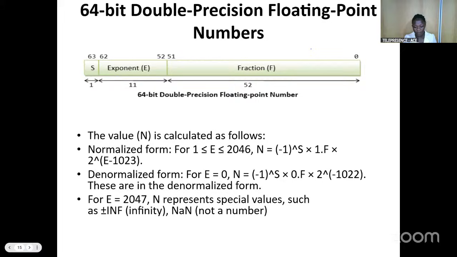And the denormalized form is as given, with the following notations. And for the exponent equal to 2047 by default, n represents a special value, such as positive or negative infinity, or not a number at all.